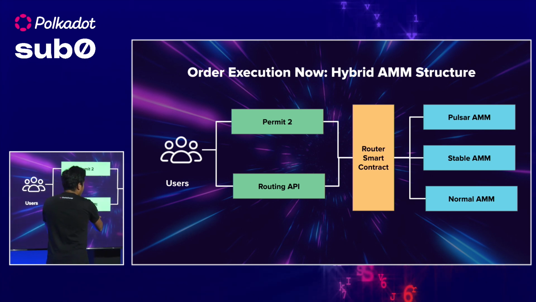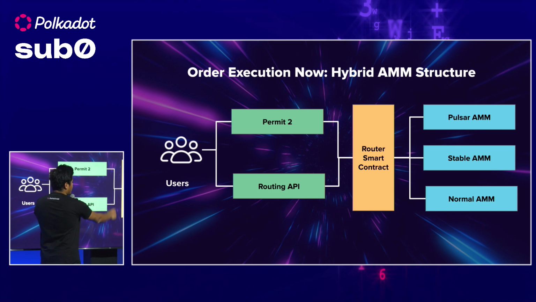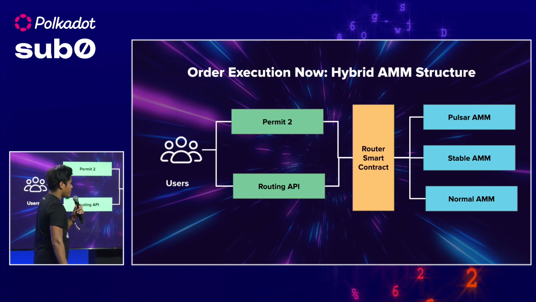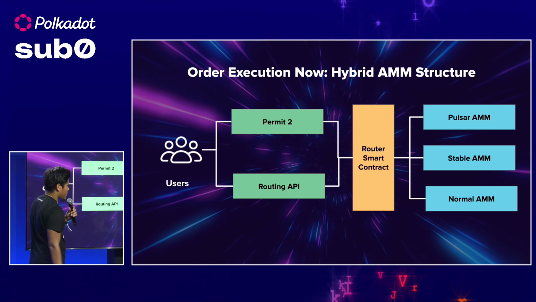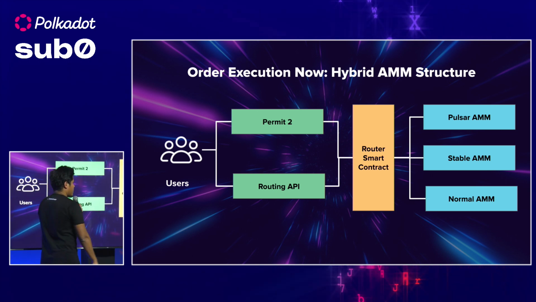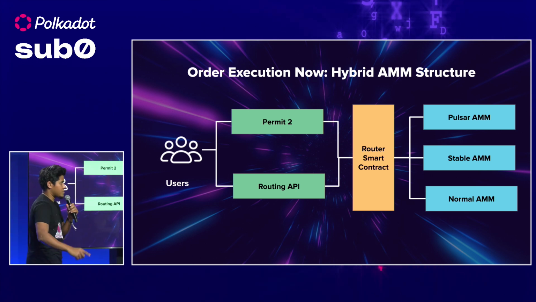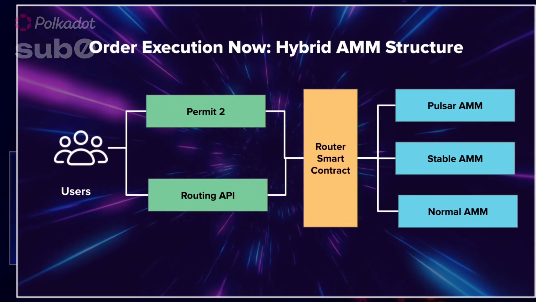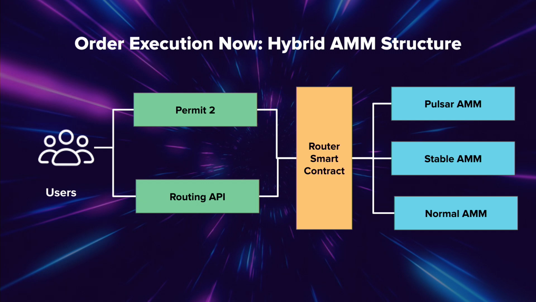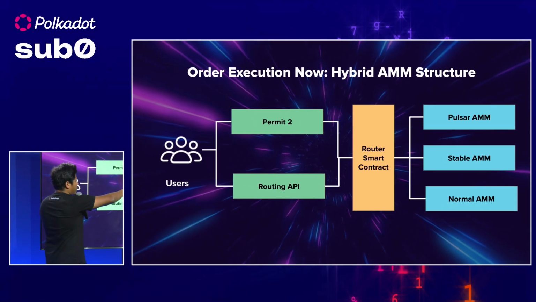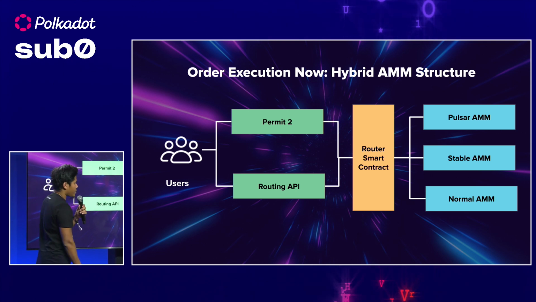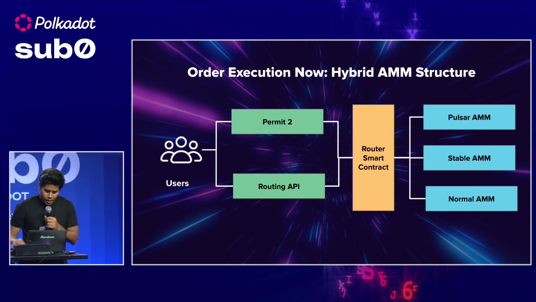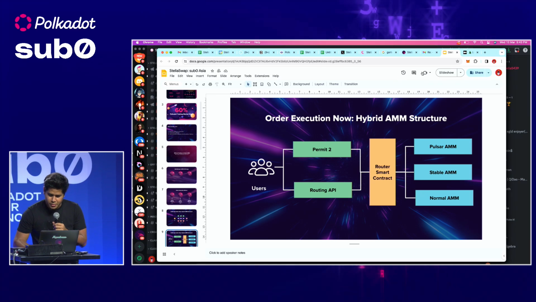The call data gets sent to the router smart contract, and the router smart contract executes the order across different AMMs, whether it be V3 concentrated liquidity, stable AMM, or normal AMM. And then at the end of the day, once this is done, it's executed.